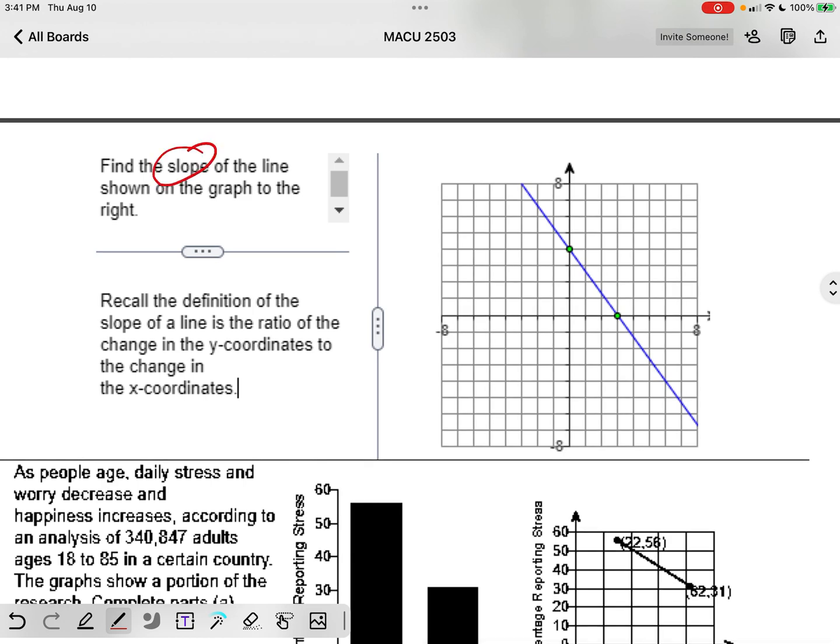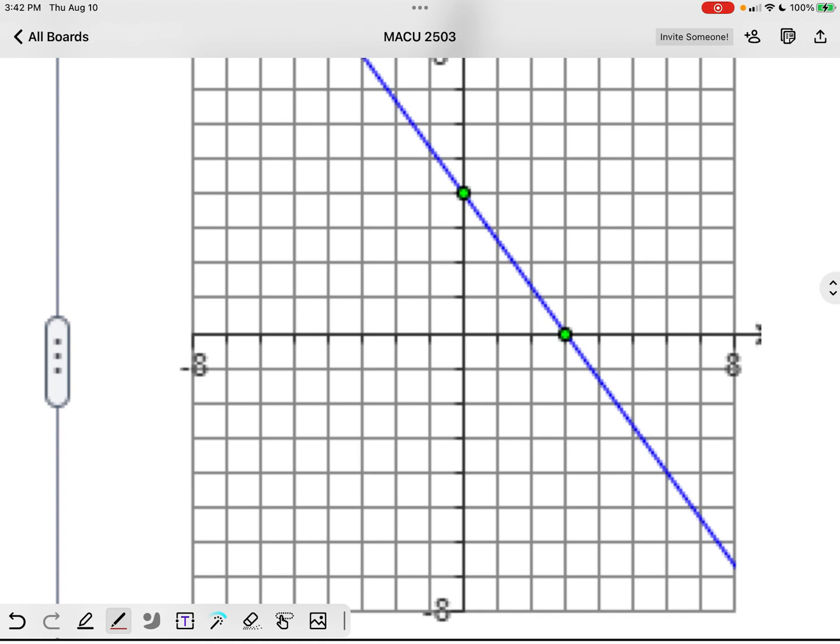Find your slope. Okay, so we're going to go from one point to the next point. If I make an L, it actually ends up making it look like a right isosceles triangle. Sometimes they're equilateral. This one, I went down 1, 2, 3, 4 boxes.